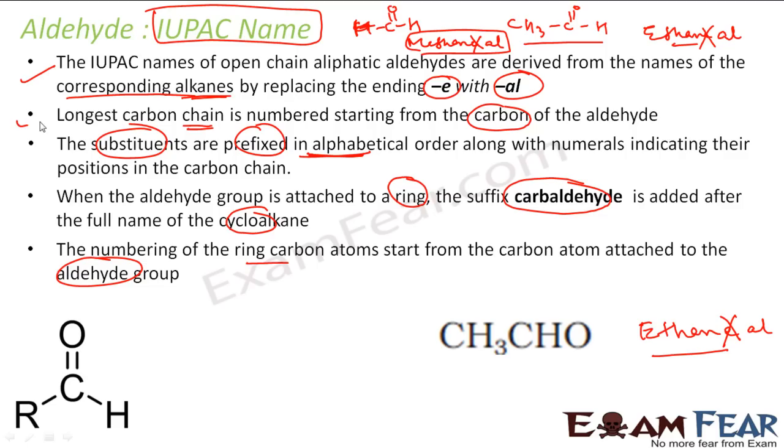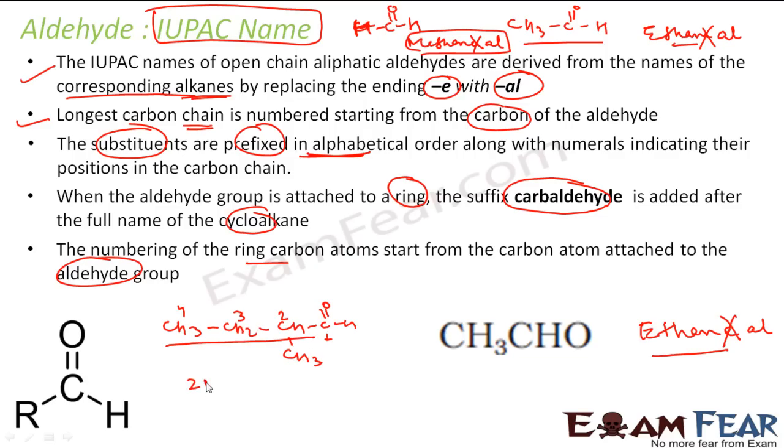Let's take the chain one. So let's take this compound CH3, CH2, CH, COH, and here let me put a CH3. Now in this case, I have to start numbering from this position. This is 1, this is 2, 3, and 4. This is my longest chain. Correct? So it will be what?